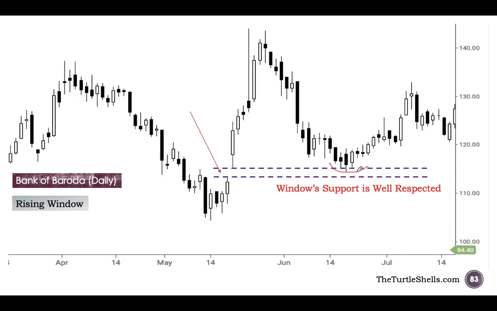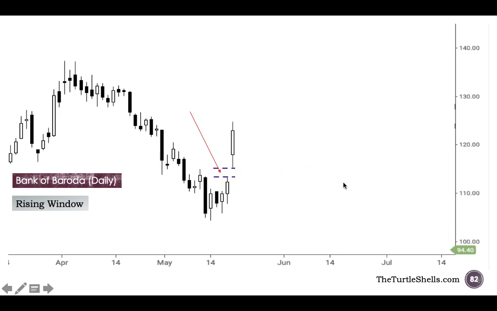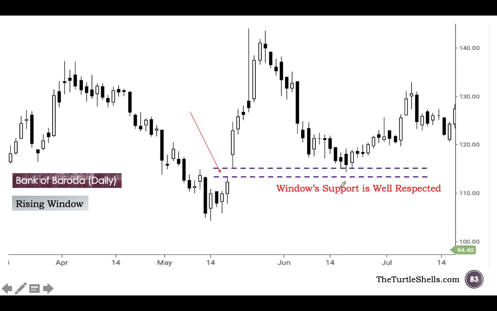The entire window, the distance between the upper line and the lower line of the window, has held as support. Okay, so our stop loss was here. You understand? So that should give you the confidence that the rising window becomes support.